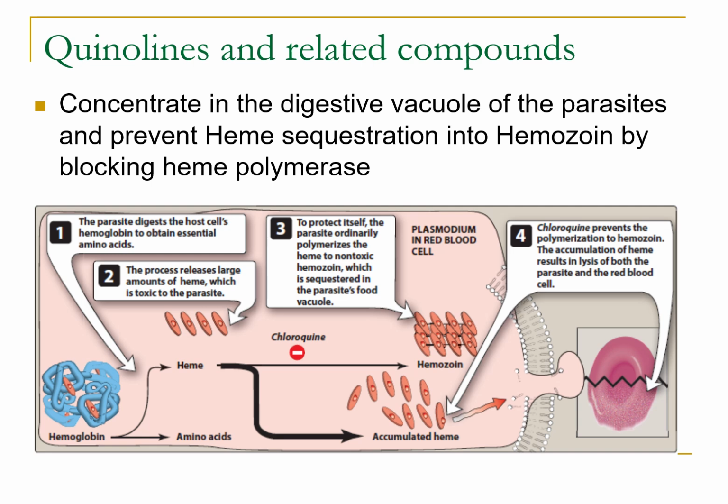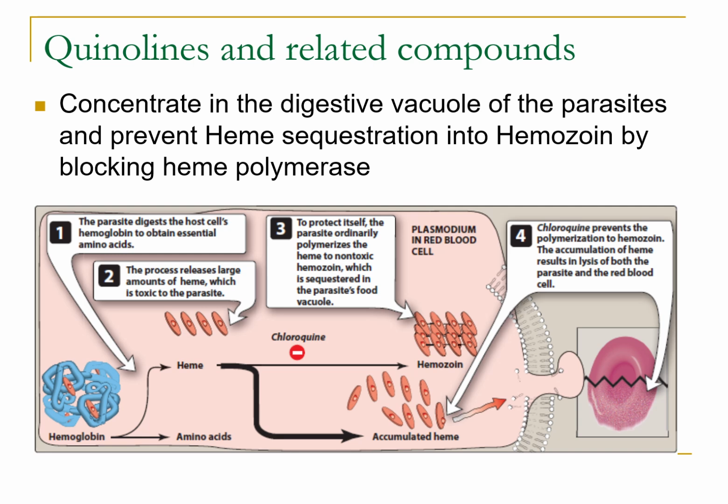So, as you see, when the parasite is inside the red blood cell, it digests the hemoglobin to obtain essential amino acids. And once it does that, you would have a release of heme. But this accumulated heme is very toxic to the parasite.